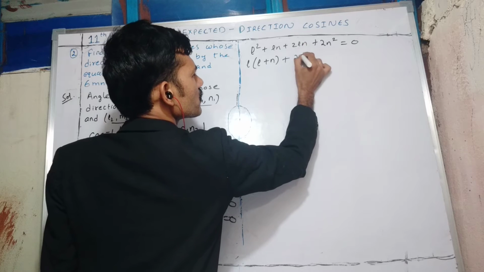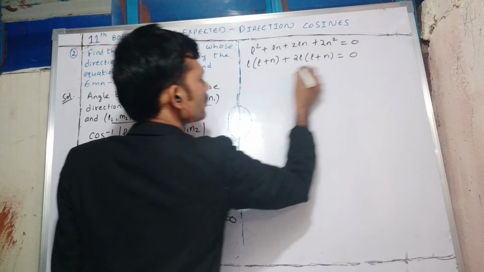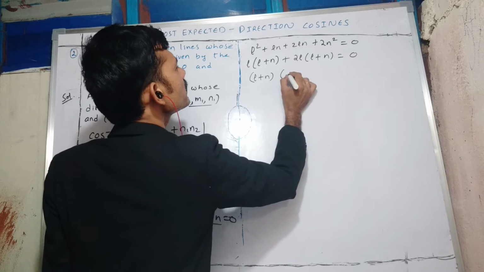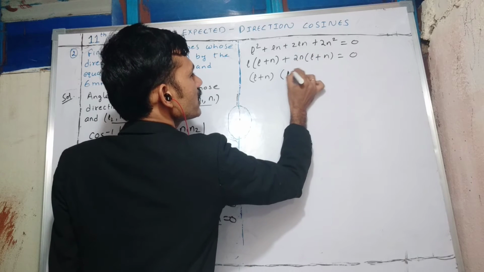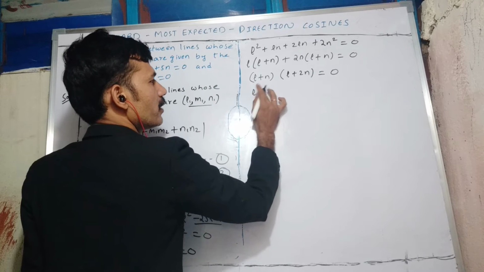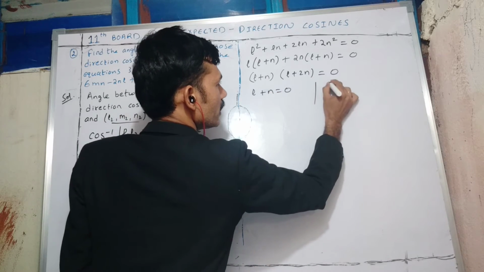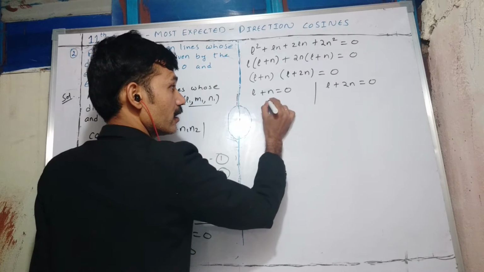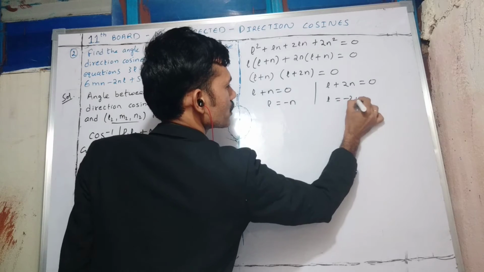In the other two terms we take 2n common, again giving l plus n. So one factor is l plus n and the other is l plus 2n. So l plus n can be 0 or l plus 2n can be 0. Then l is minus n or l is minus 2n.